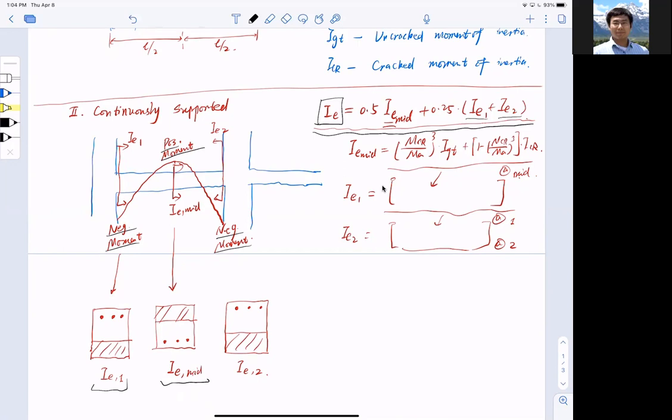IE middle span is easy to compute: we have MCR, MA, where MA is the applied moment at the middle span. IE1 and IE2 use the same equation with different numbers. For instance, for a negative bending moment at IE1, MCR stays constant, maybe, because of the section, which I will show, but MA changes as well. So is the case with IE2.